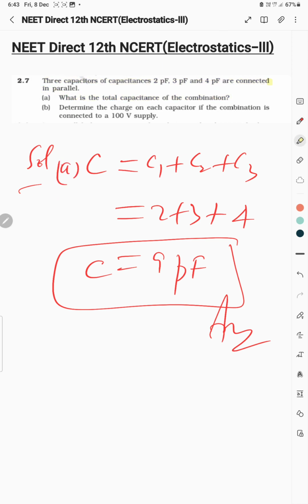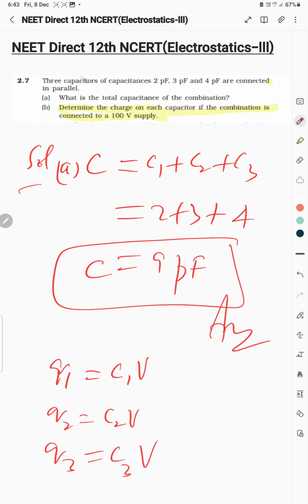Alright. Now in part B, it is asked to determine the charge on each capacitor if the combination is connected to a 100 volt supply. See, it's a simple thing: in a parallel combination the voltage remains the same. So Q1 is equal to C1V, Q2 is C2V, Q3 is C3V. Why is the voltage the same?